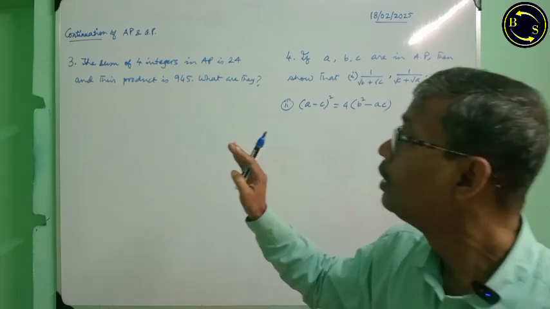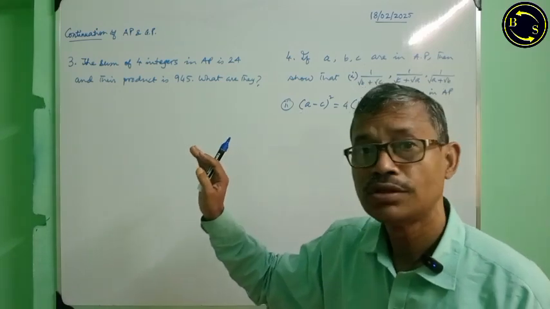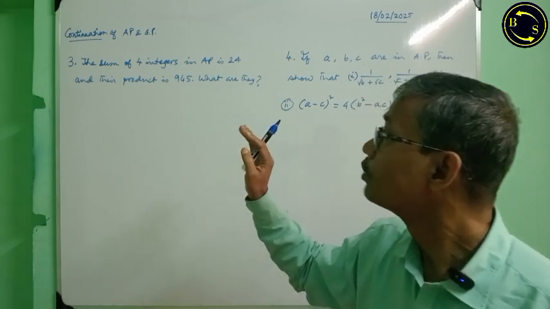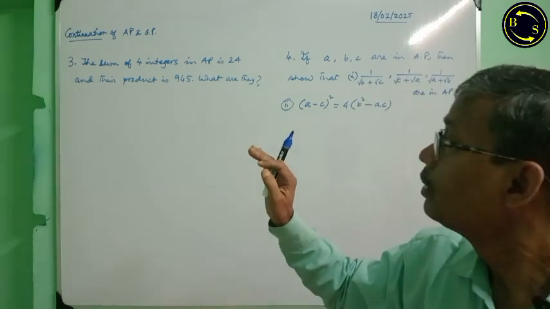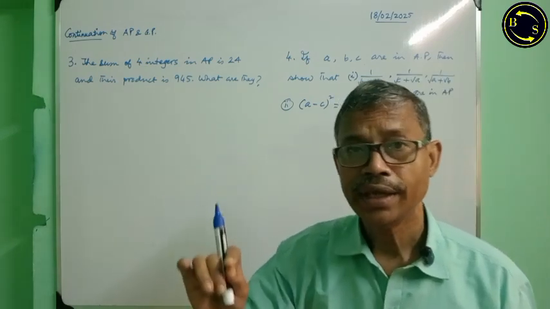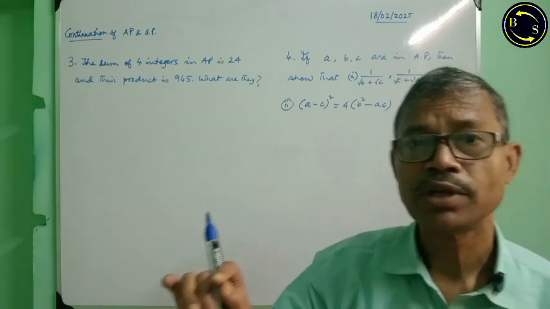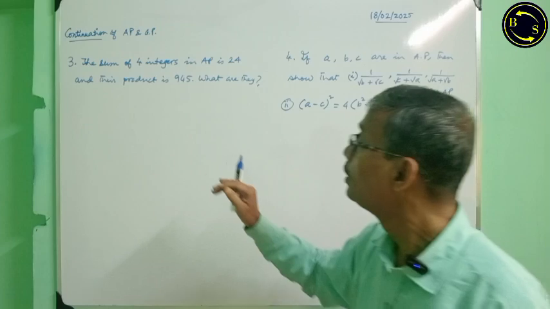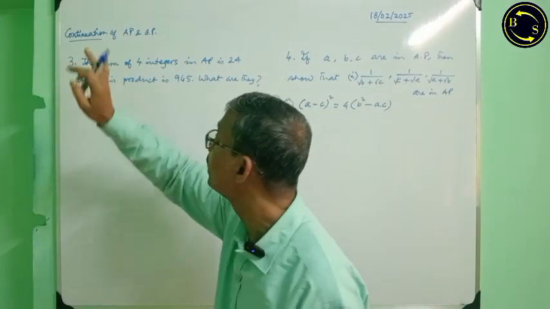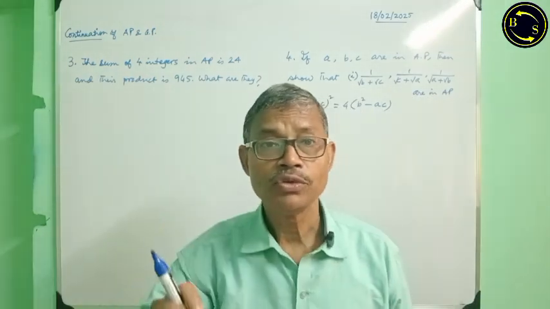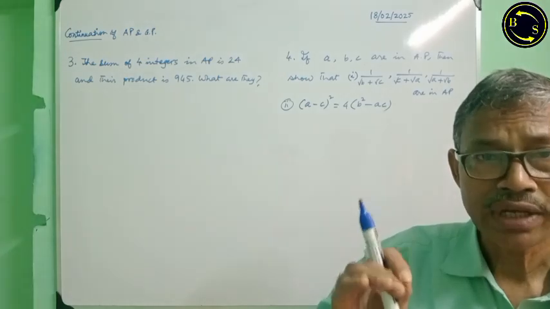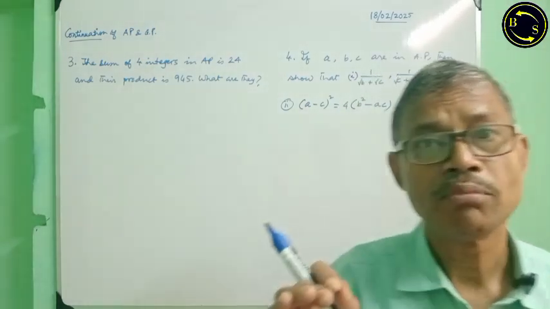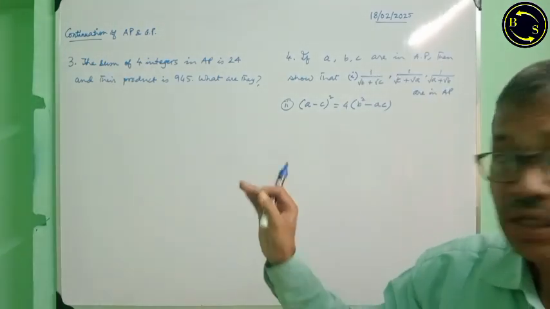First of all, we can start solving the sum by taking the numbers as usual: A plus D, A plus 2D, A plus 3D. But since the sum is given, I am going to use the technique, the 4 numbers in AP. Let me start.